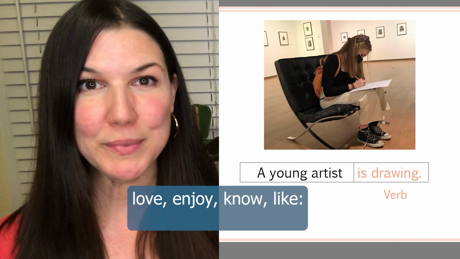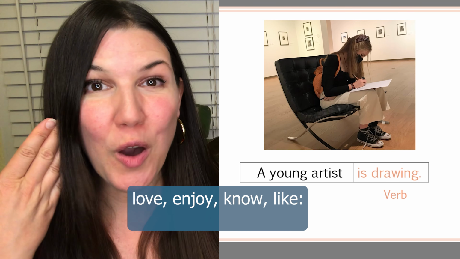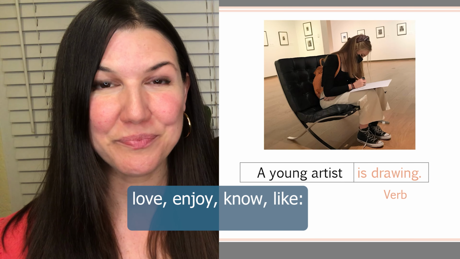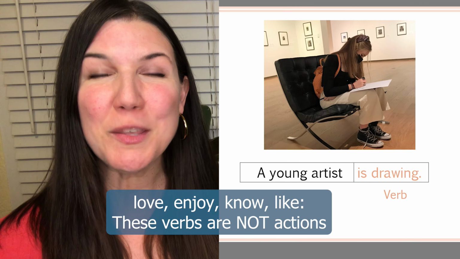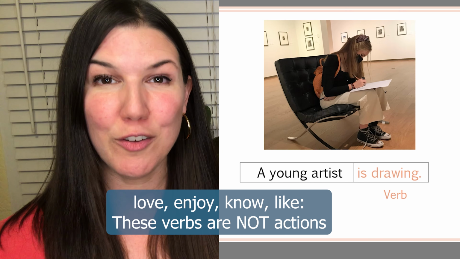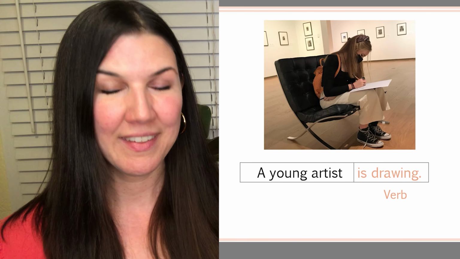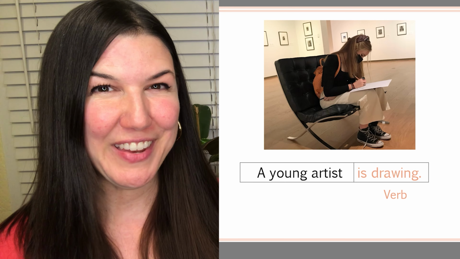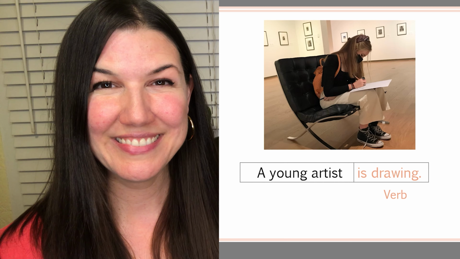We also have verbs like love, enjoy, know, like. And these verbs aren't actions. So there's a better way that you can find a verb in a sentence that will always help you find the verb. If you watched my first video in this series, do you remember how to find verbs?